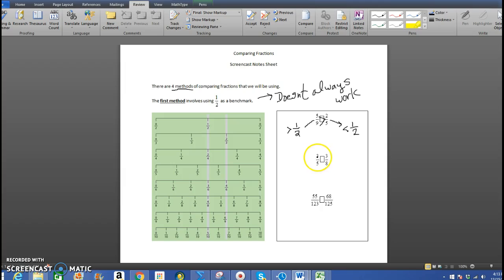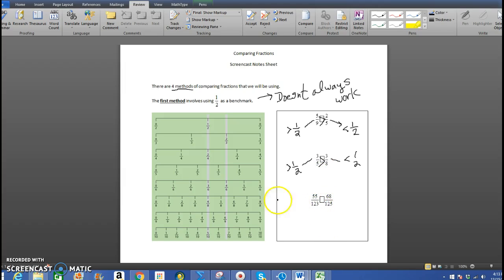On this one, 3 is bigger than half because it takes 2.5 to be half of 5, so this one is greater than 1/2. It takes 4/8 to be 1/2, and we only have 3, so that makes this one less than 1/2. Since this fraction is bigger than 1/2 and this one's less than 1/2, that has to be our bigger fraction.